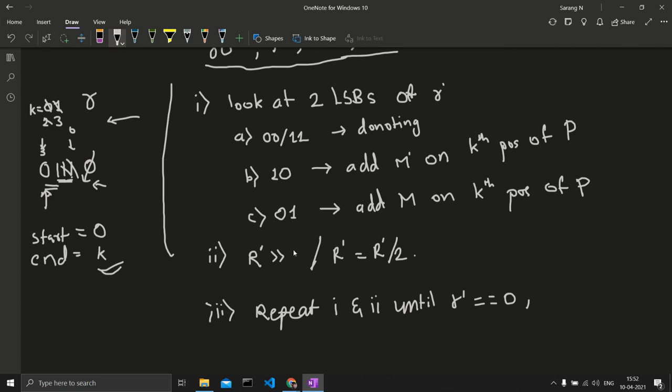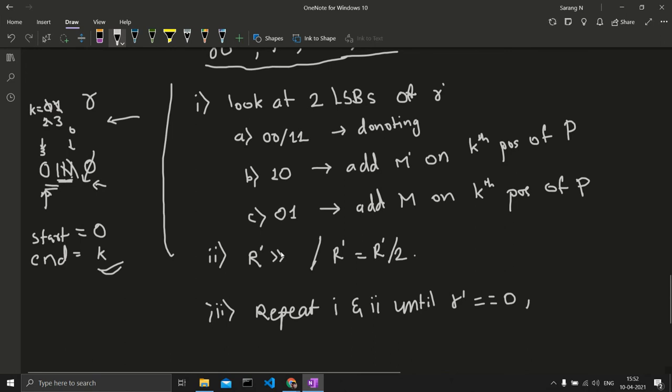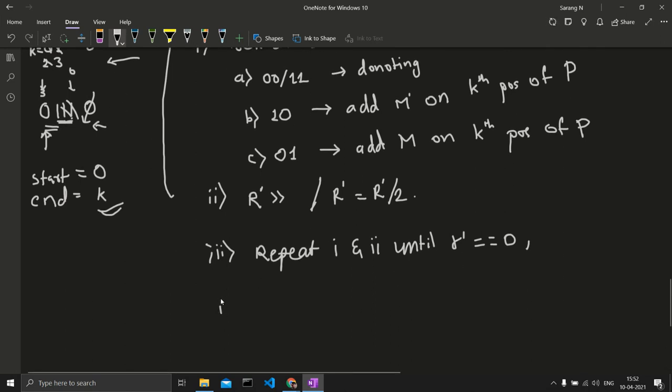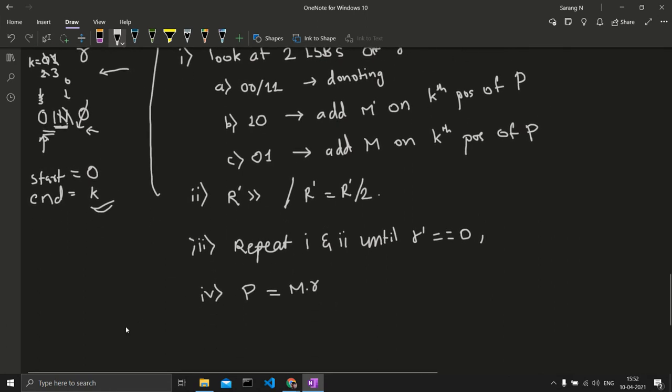You repeat 1 and 2 until r dash is 0. And finally, when r dash is 0, we don't have anything to multiply to. So finally, the product P would be equal to m times r. Let's see it as an example that would be more clear.